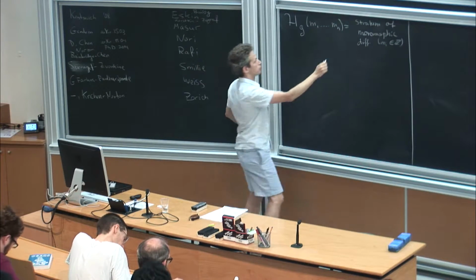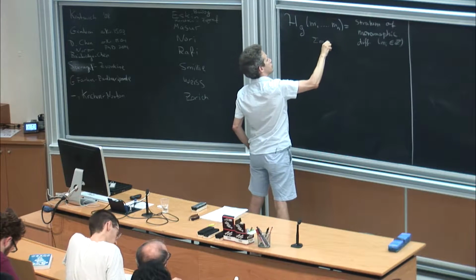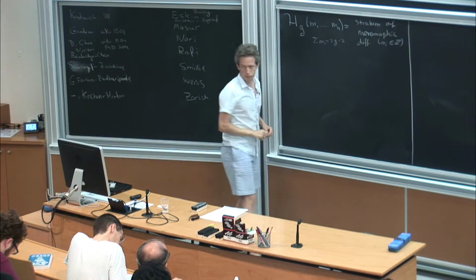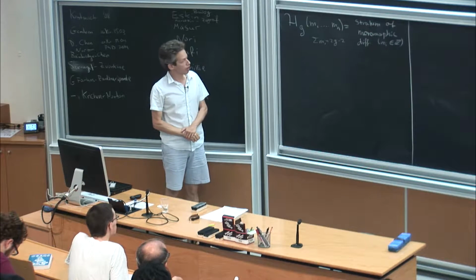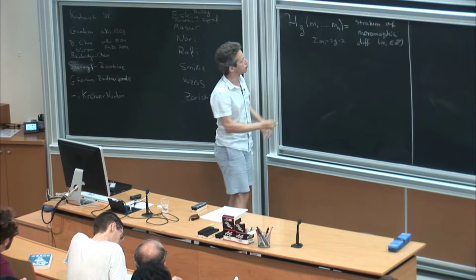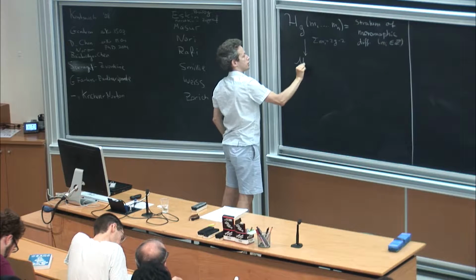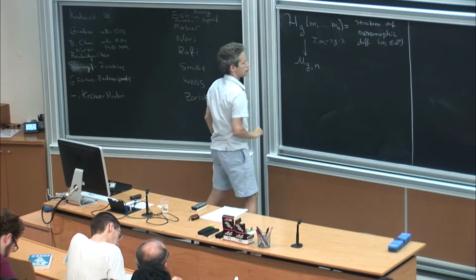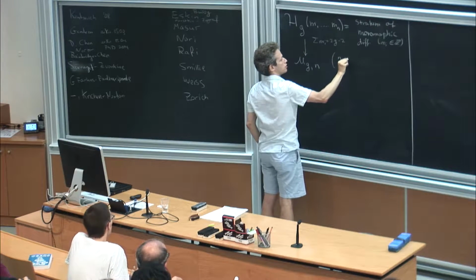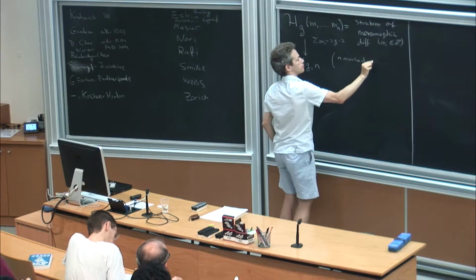And the sum of m_i is 2g minus 2. If I have this thing, I can map it to the moduli space of curves of genus g with n marked points.